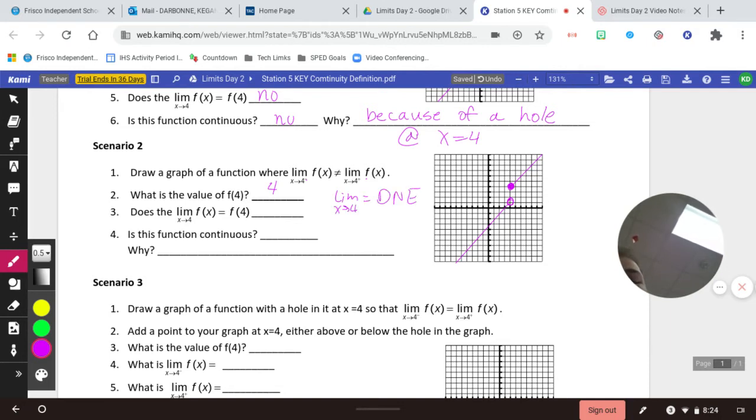It should be does not exist, because if the left and right side are not equal to each other, then the overall limit is not going to exist. So does the limit as x approaches 4 of f of x, which is DNE, equal the value of the function at f of 4? Well, no. 4 doesn't equal does not exist. So is this function continuous? No. Why? Because of a jump discontinuity.